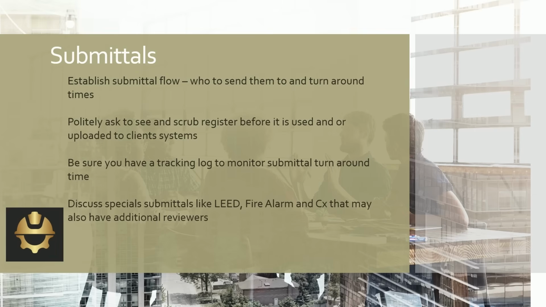You can show that in your log, and then your project managers or your owners can go to the design team and address it and say, look, we're losing time in our schedule. Either you hurry up and abide by what you said you would, or else you're going to share in any damages or any schedule pushes that come along with that.